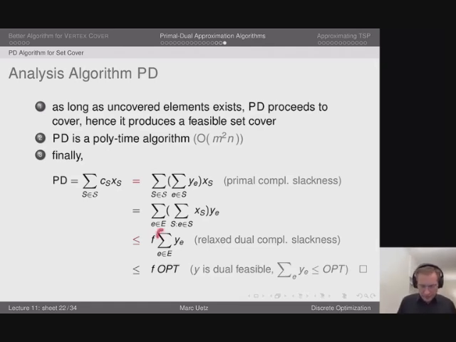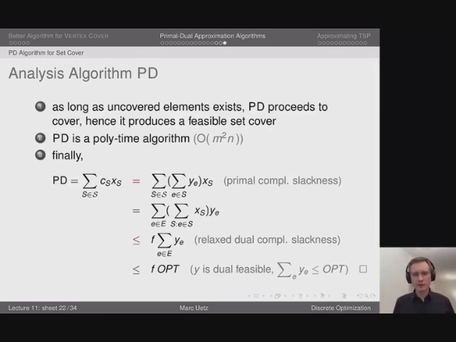And of course, this is the solution value of the dual of the LP relaxation, so that is some dual feasible solution, which is a lower bound on the optimum of our original problem, right? Because this dual solution was constructed to be feasible. And that's it.